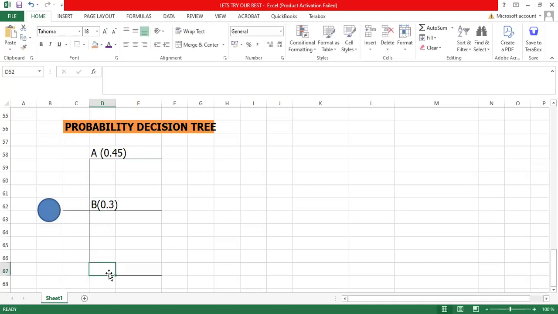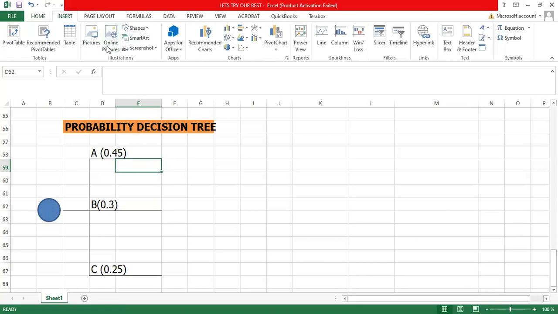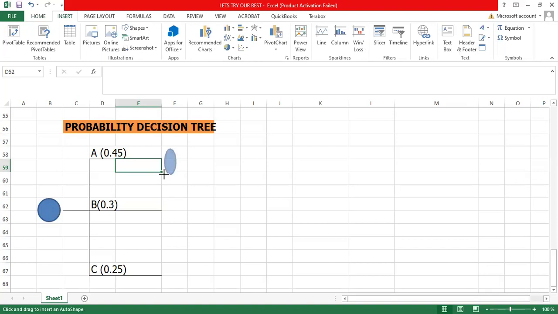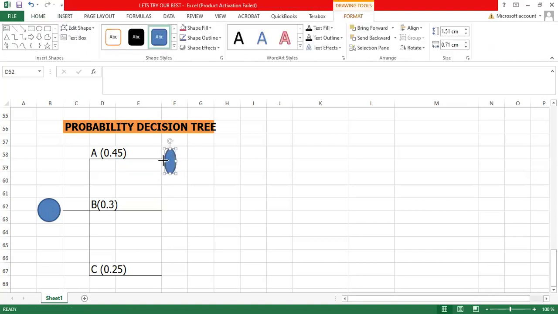Then operator C, its corresponding probability is the remaining percentage, 0.25. Then from here, all of them are going to produce defective and non-defective items.